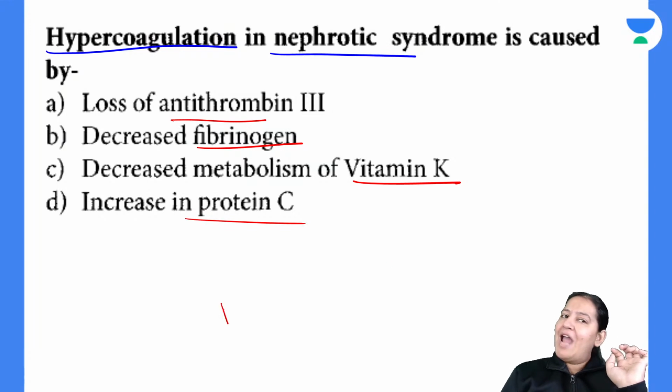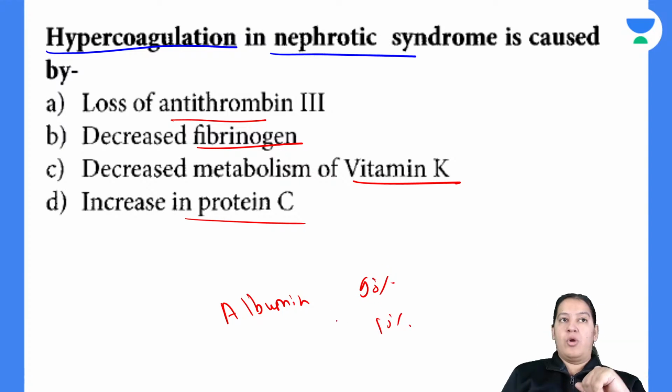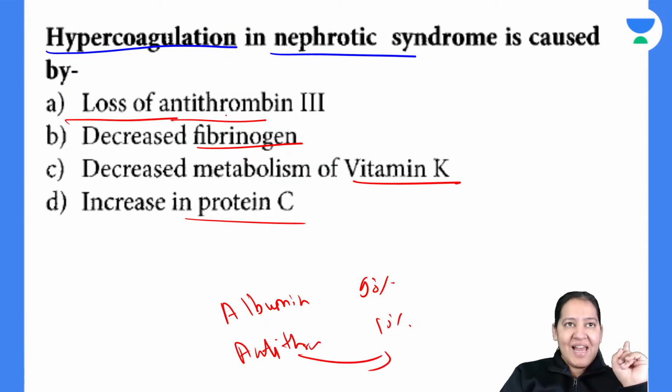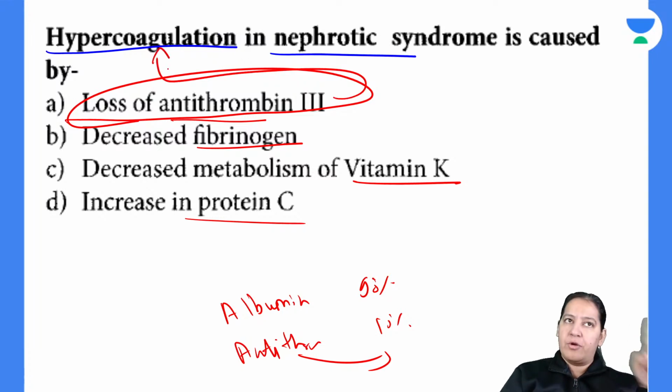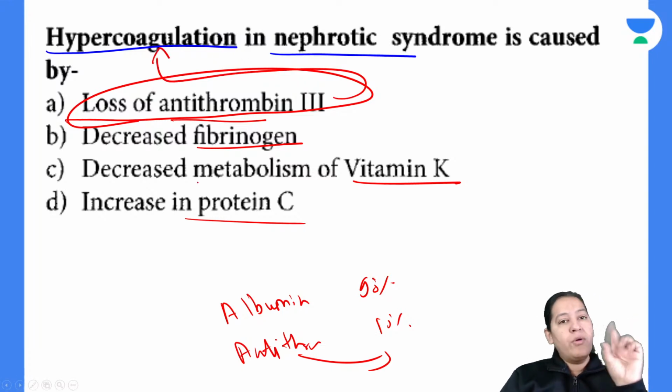I have told you albumin is lost in urine, about 90% of the protein lost, but 10% of others are also lost. One of them is antithrombin. Antithrombin is also lost in urine, so the patient will have less antithrombin, and because of less antithrombin, the patient develops hypercoagulation. This is the main reason. One more reason: all the proteins are decreasing in the blood.